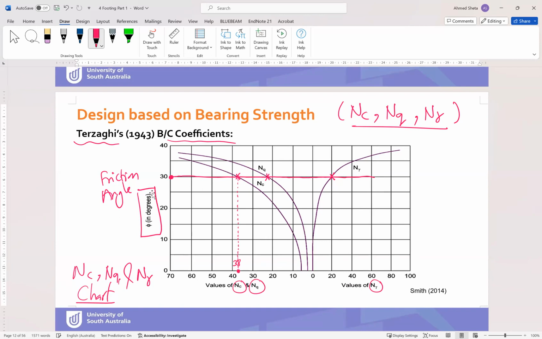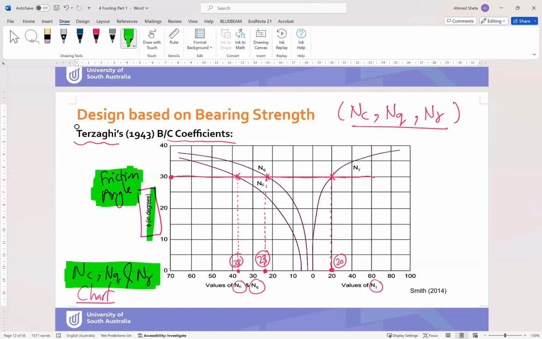Here you can find Nq, which is almost 23, so 38, 23. And if you go down from Ngamma, you'll find that Ngamma equal to 20. Okay, so to get into this chart and find the parameters Nc, Nq and Ngamma, you need to know the friction angle phi of the soil.